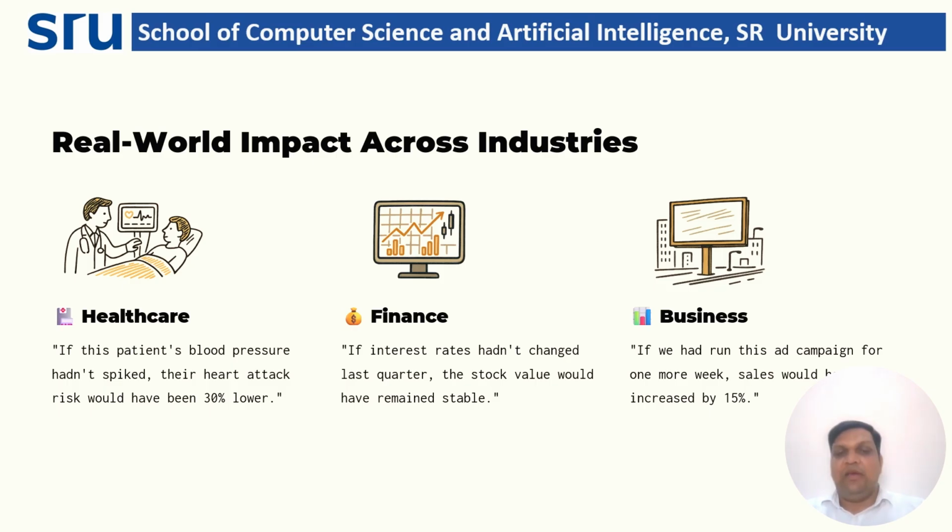Business: if we had run this ad campaign for one more week, sales would have increased by, say, 15%. So let's see where this is used. Healthcare, understanding risks. Finance, predicting investments. Business, improving sales. This is not theory, this is real-world impact.